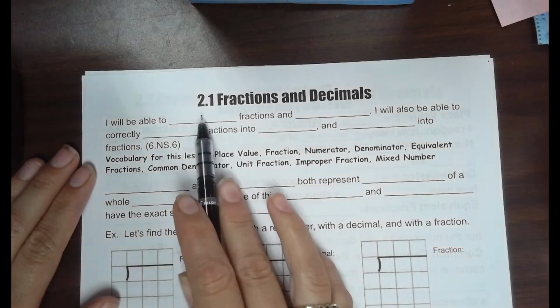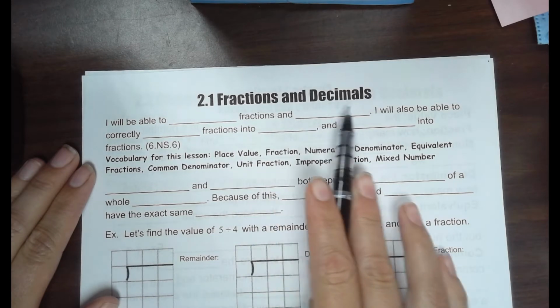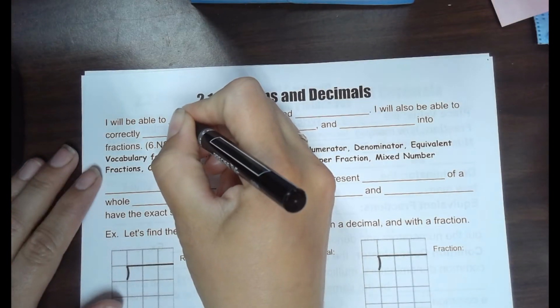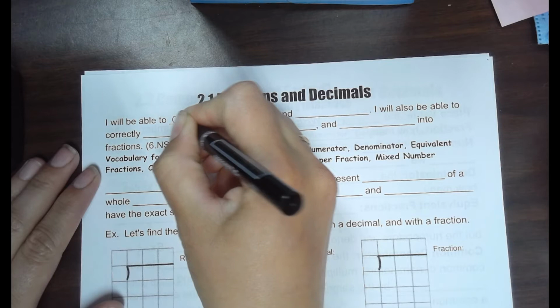This is lesson 2.1, doing fractions and decimals. So this says I will be able to compare fractions and decimals.